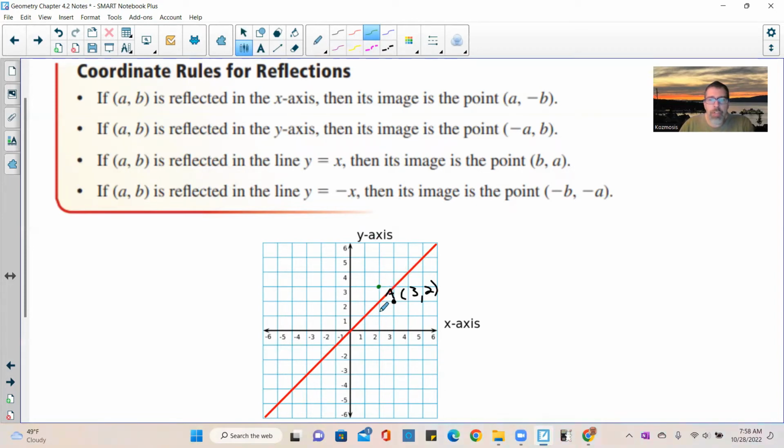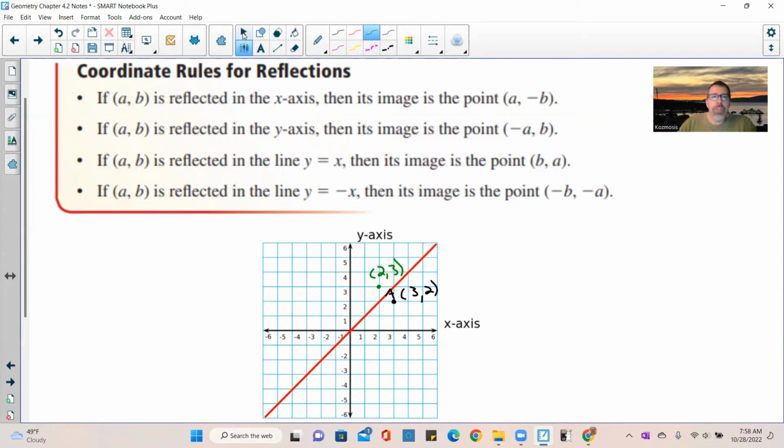That is the point right 2, up 3. This is the point 2, comma 3. So notice what happened here. A and B just switch sides. So if A,B is reflected in y equals x, then its image is the point B, comma A. A equals B and B equals A. In other words, x equals y. That's what that means. Okay, so 3, 2 becomes 2, 3. 5, 1 would become 1, 5, and so on and so on.